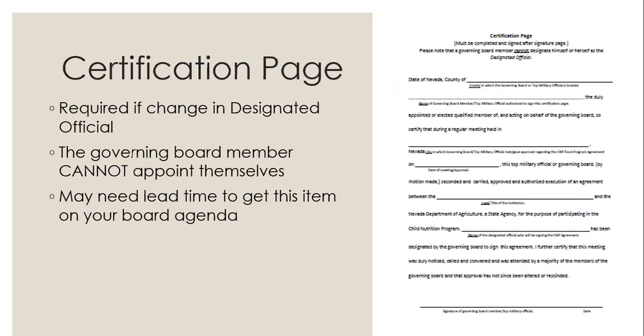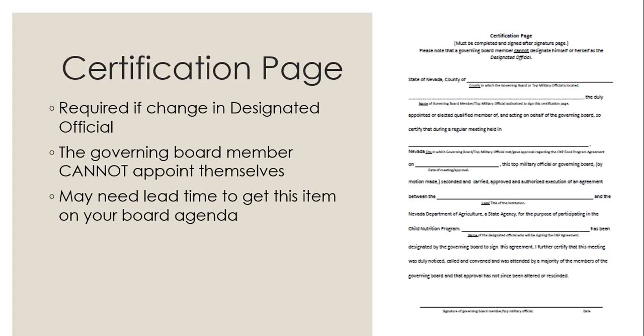Next we have what we call our certification page, and this is required if you have a change in your designated official. And we've had some questions in the past, and we want to make sure folks understand that the governing board member, who is the person whose name is kind of on that second line, cannot appoint themselves as the designated official.